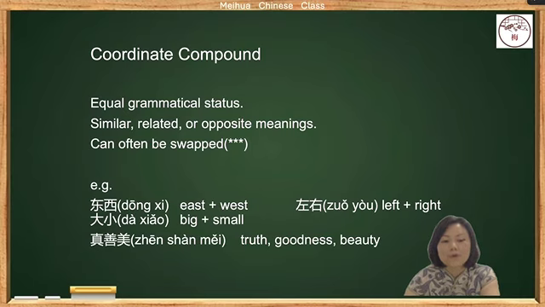But when we combine these 3 characters together, this word is functioning as a noun. That's why we can see the translation here. They are all nouns, right? Truth, goodness, or beauty. So this is coordinate compound.